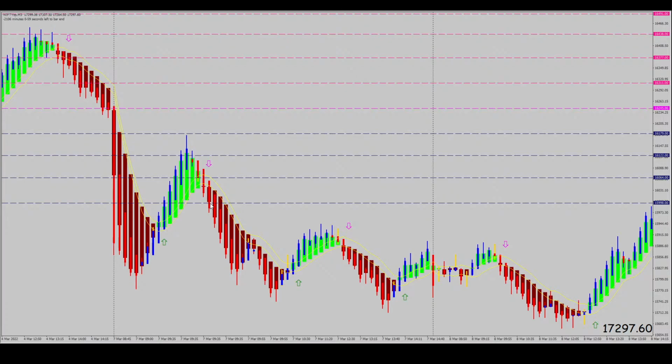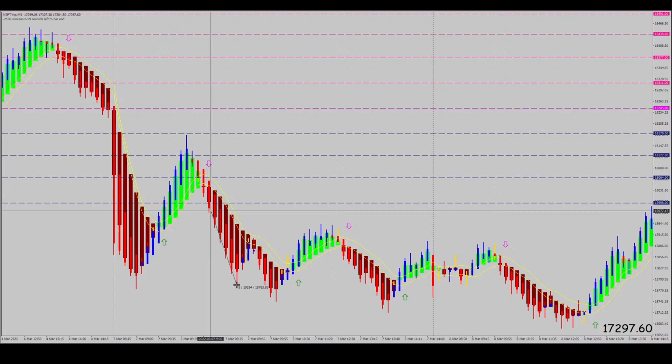This specific short trade was signaled right at 10:05 a.m. at 15934, and from 15934 it made a move down to 15785, approximately, right?